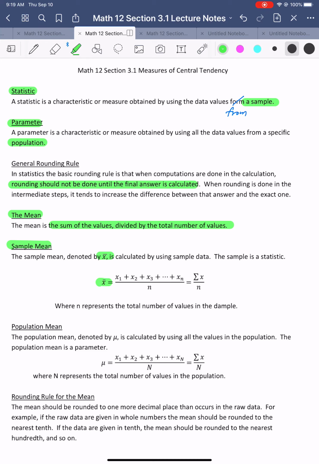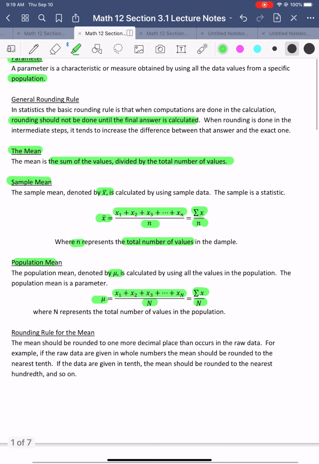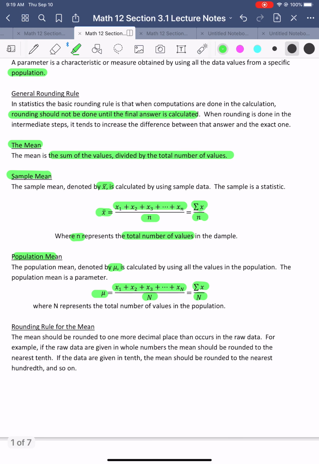So x bar is adding all the data values and dividing by the number of data values, using sigma, which adds all the x values, divided by n. n represents the total number of values. The population mean we call mu, and mu is the same thing: you add all the data values and divide by the total number of values.